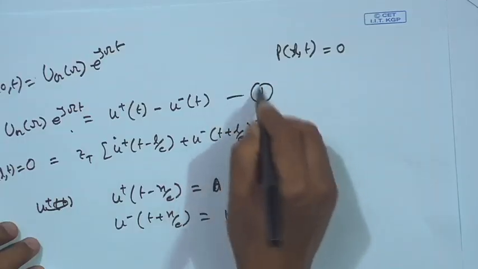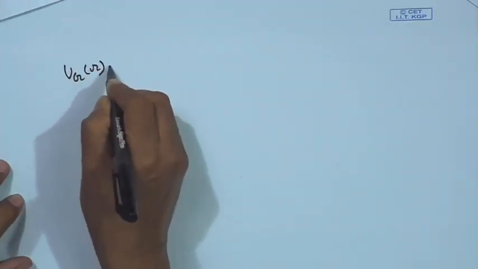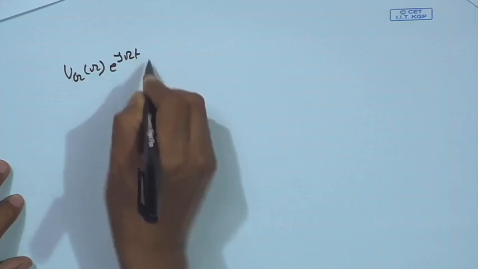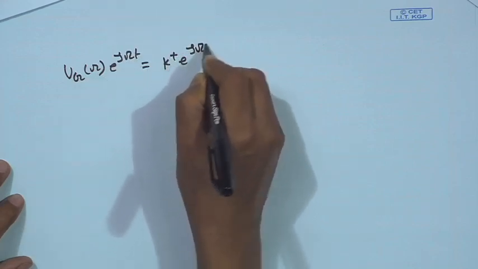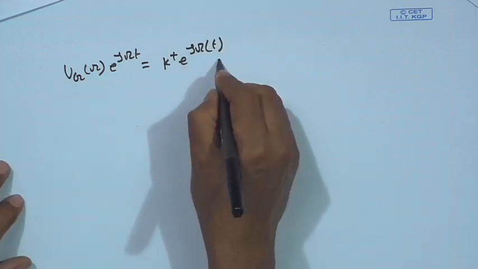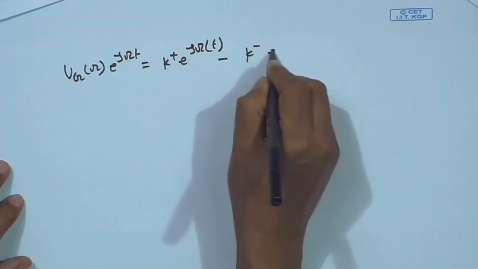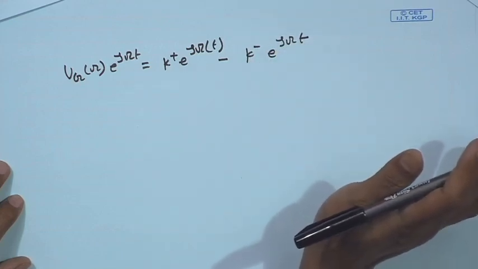Now, if I put that value in equation number 1 and equation number 2: in 1, u g omega e to the power j omega t is nothing but k plus e to the power j omega t, because x is equal to 0, minus k minus e to the power j omega t, at x equal to 0.